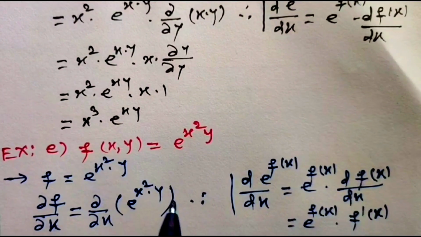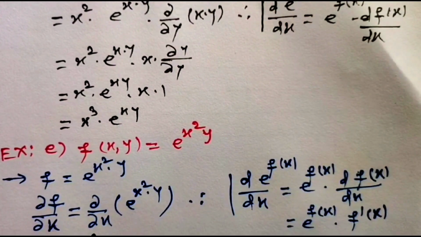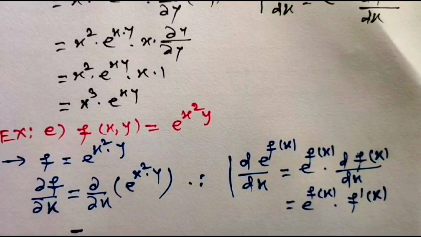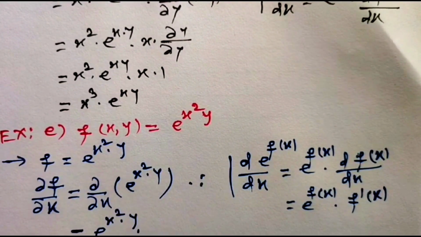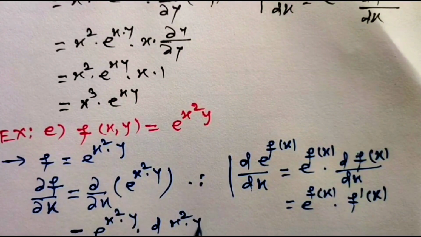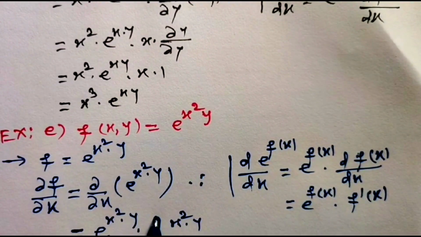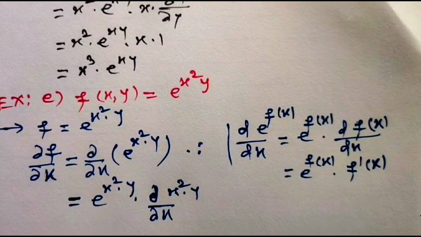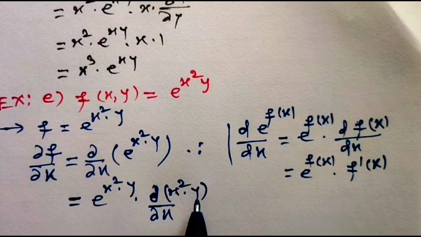Here we are differentiating with respect to x considering y as constant. So this can be written as the exponential function as it is, then the derivative of the power of e, that is the partial derivative of x square y with respect to x, considering y as constant.